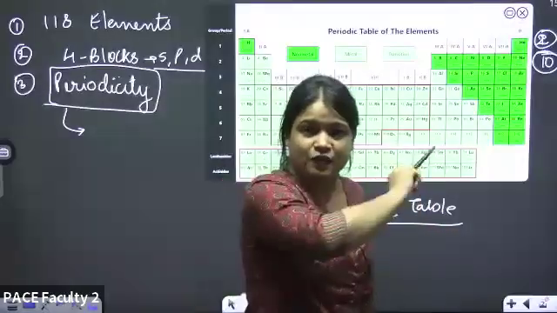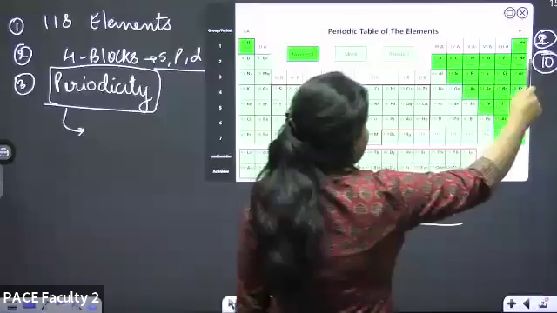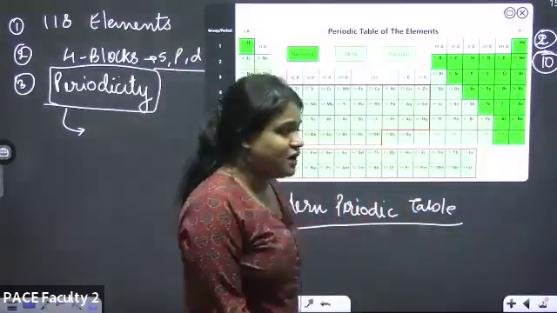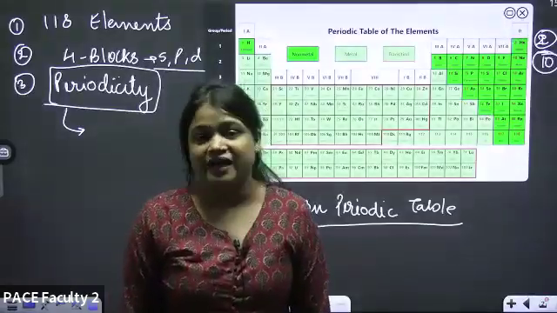जब मैं सेकंड से घूमकर 10th तक आई, the properties of helium and neon are same. I know that the properties of helium and neon are same.